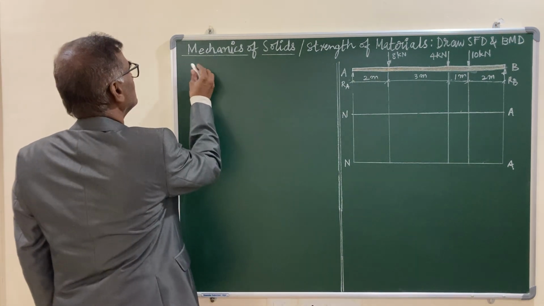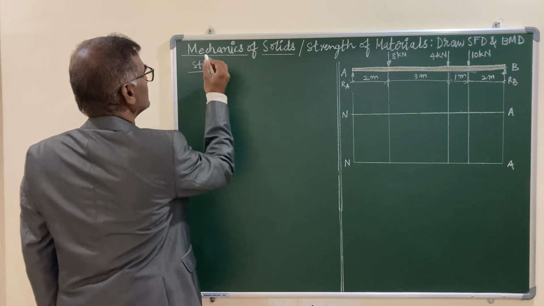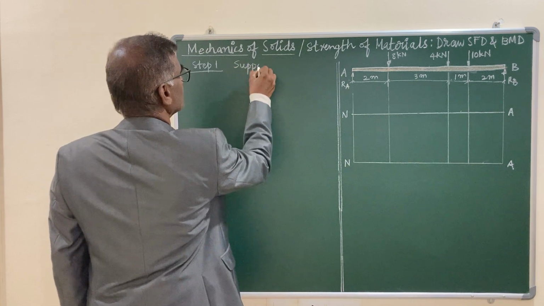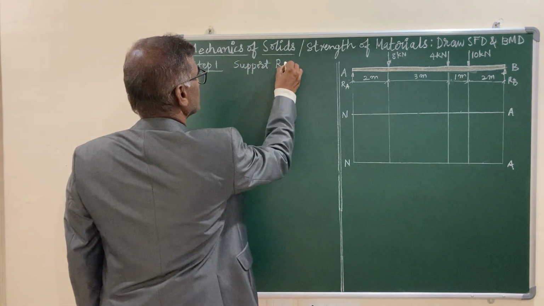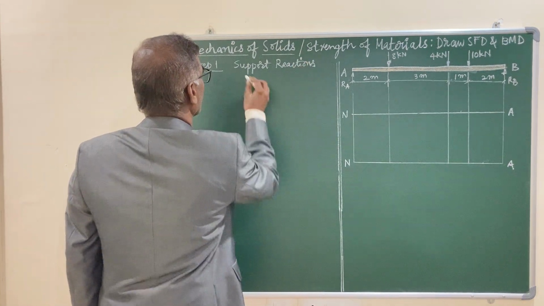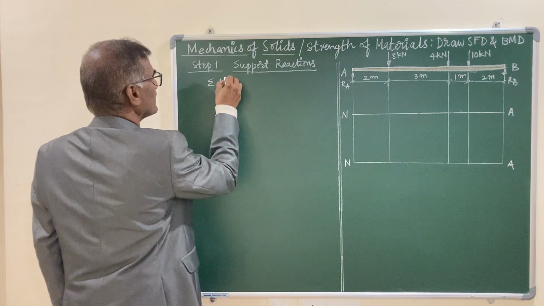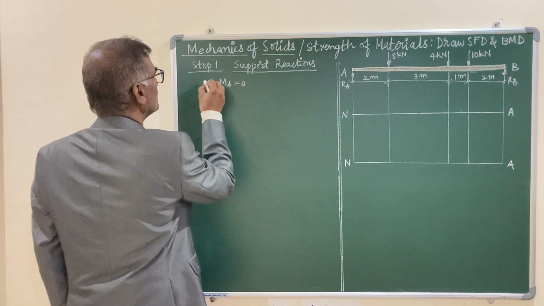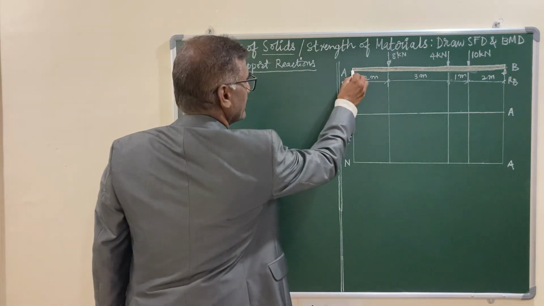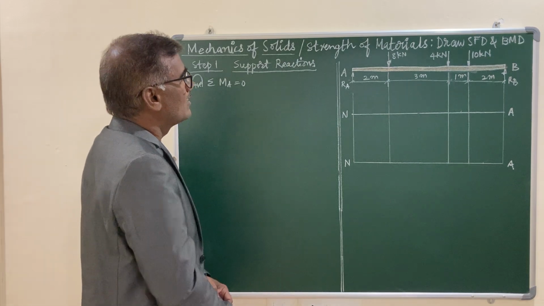Let me call step number 1 determining support reactions at A and B. For this, let us write sigma MA equals 0, that is the sum of the moments about the left end A. I am taking a notation that anti-clockwise turning moments are positive.